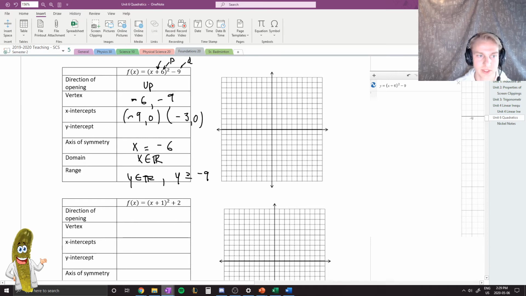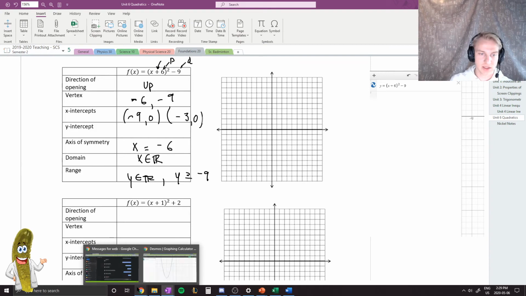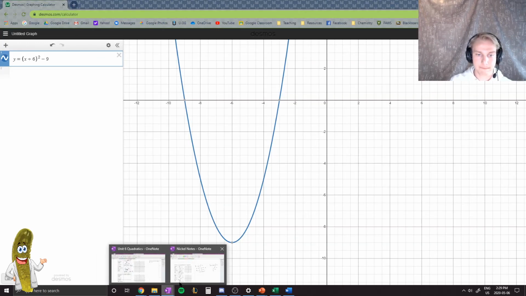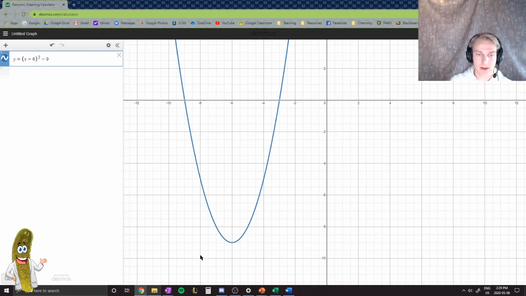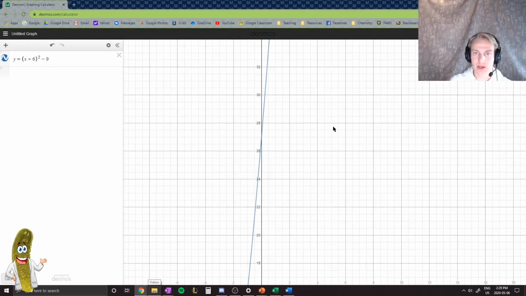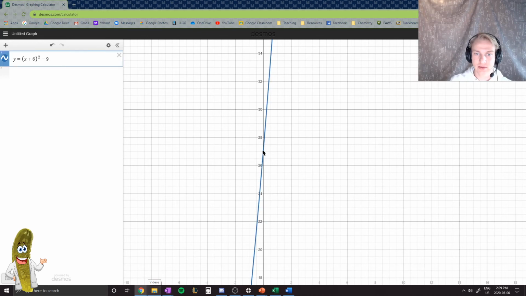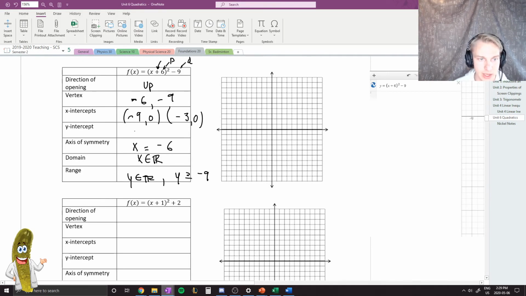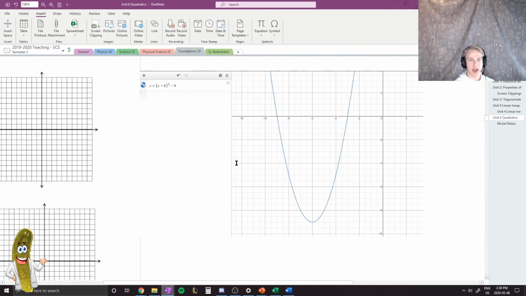So those 2 points. Last thing I have to check is my y-intercept, which would be all the way up here at 0 comma 27. And so we could graph all of those points once we had all of that information.